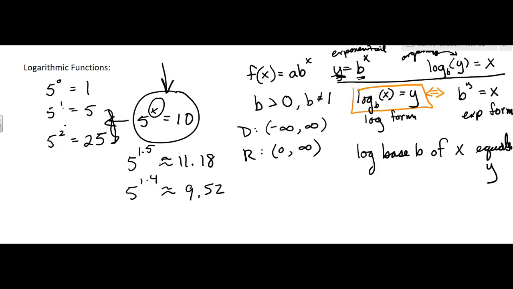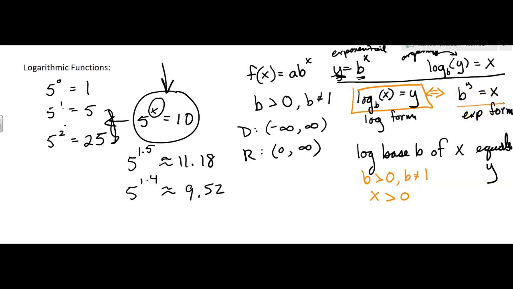Okay, going back to that then, we can say a little bit more about the logarithm form. Like, we know b has to be greater than 0 still, and it can't be 1. And what do we know also? We know that x has to be greater than 0. Now, why is that? Well, look back in the exponential form.